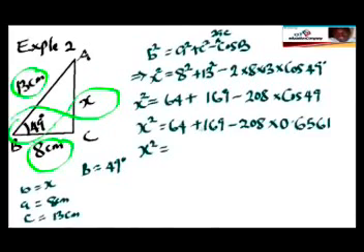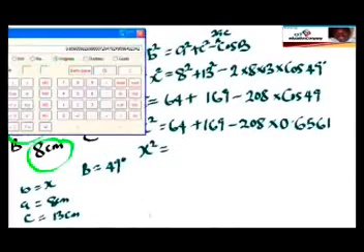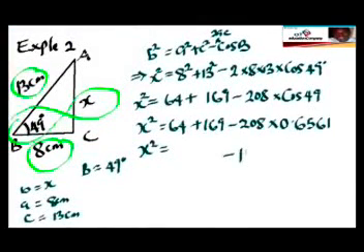As a matter of fact, using BODMAS, you do the multiplication first. Remember, the minus sign belongs to 208. So 208 multiplied by 0.6561 gives 136.46, and you have minus 136.46.